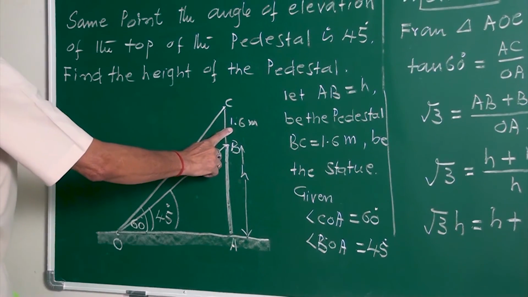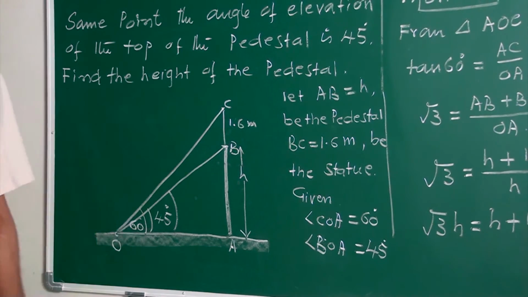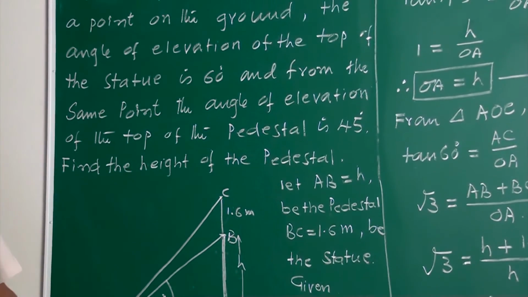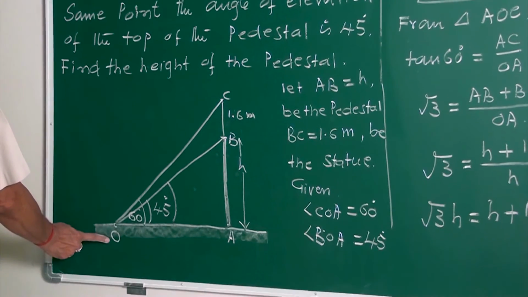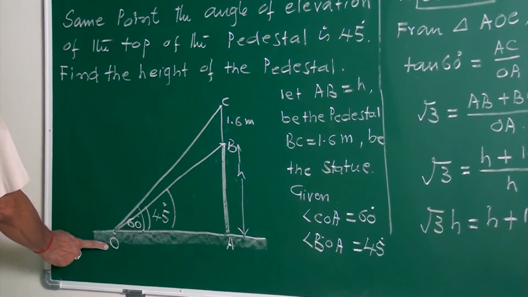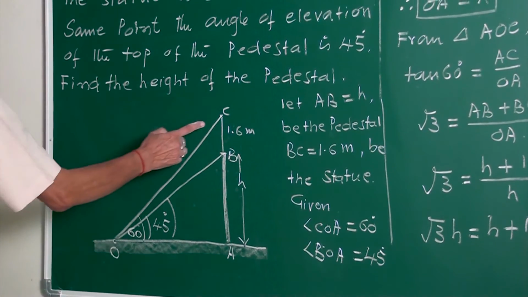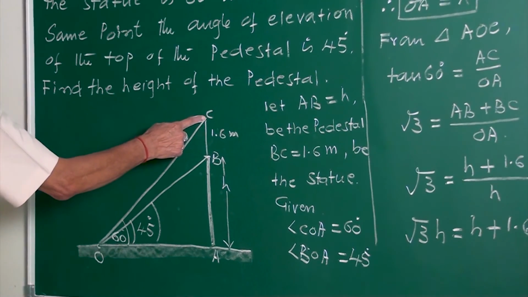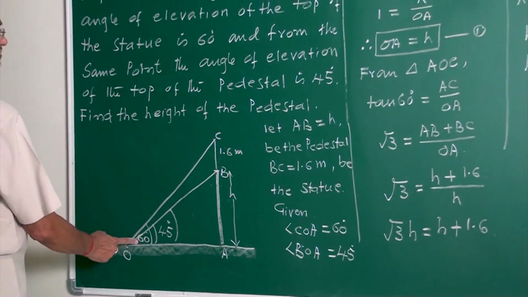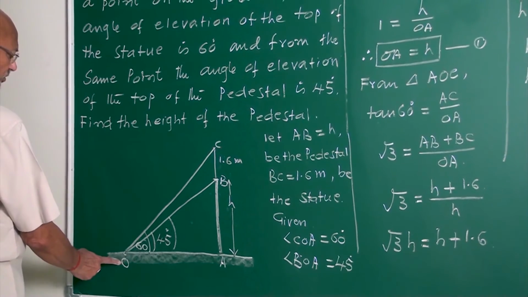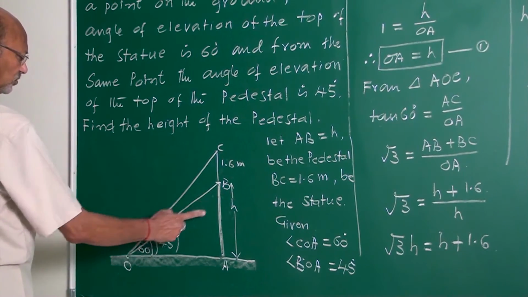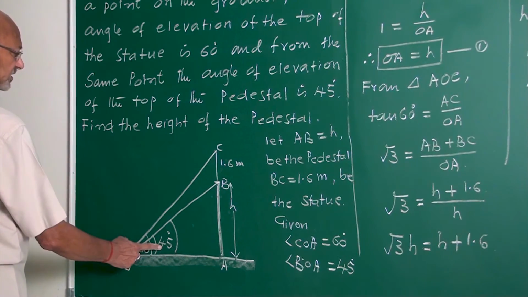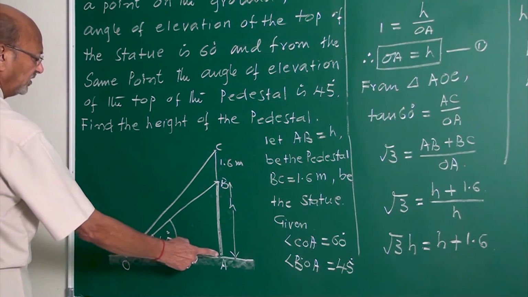Its height is 1.6 meters. From a point on the ground, the angle of elevation of the top of the statue is 60 degrees. From the same point, the angle of elevation of the top of the pedestal is 45 degrees. Find the height of the pedestal.